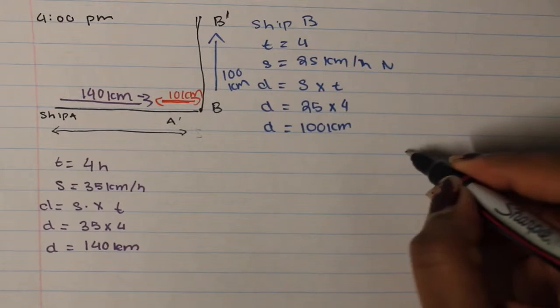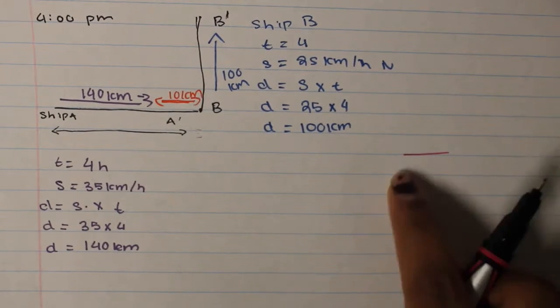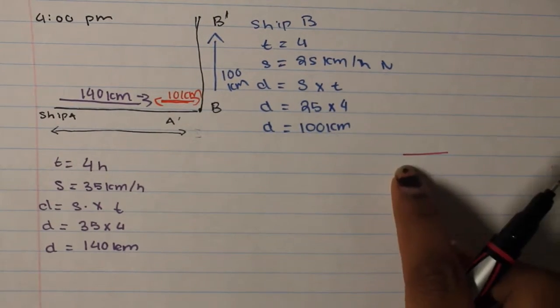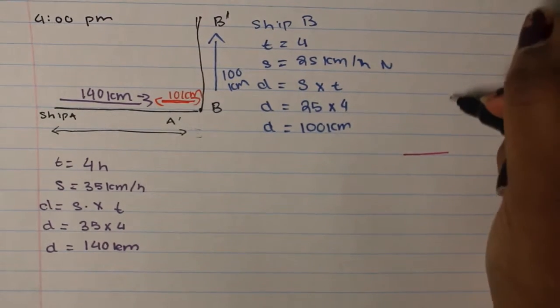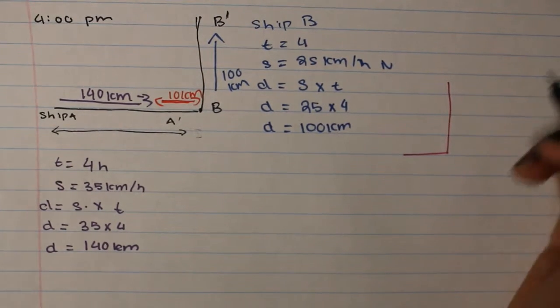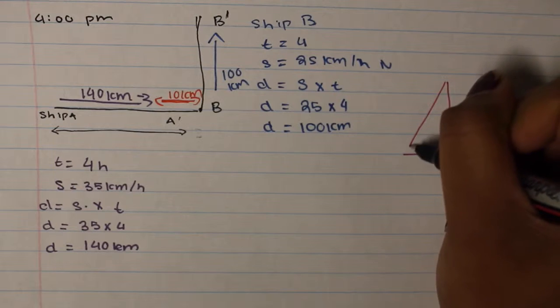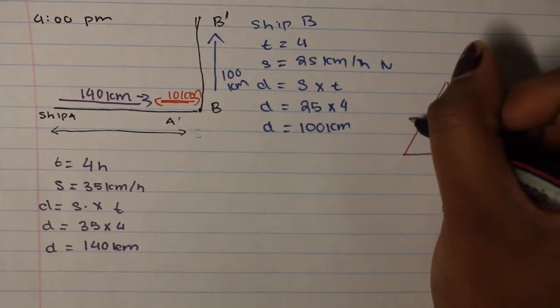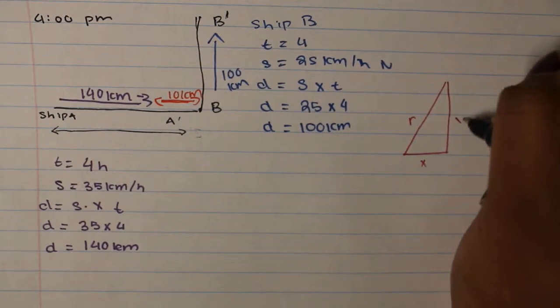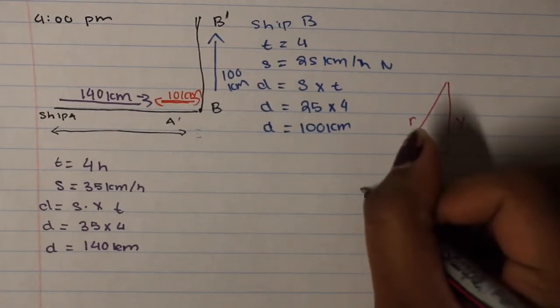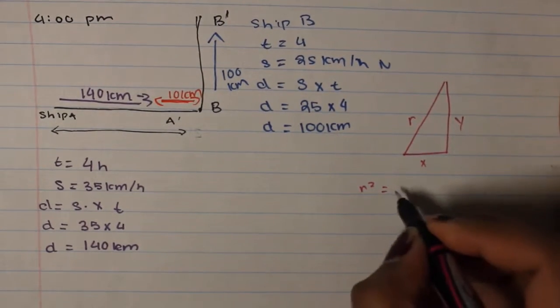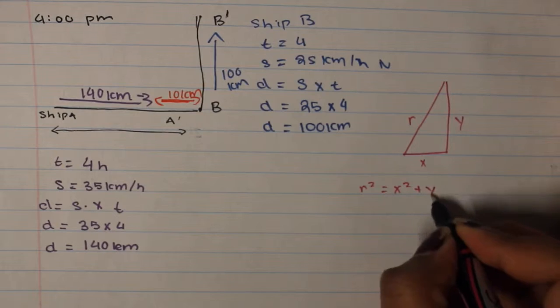The new triangle would be ship A, which has 10 more kilometers to go, and ship B, which has traveled 100 kilometers. And what we can do is find the hypotenuse by using the Pythagorean theorem. So r squared is equal to x squared plus y squared.